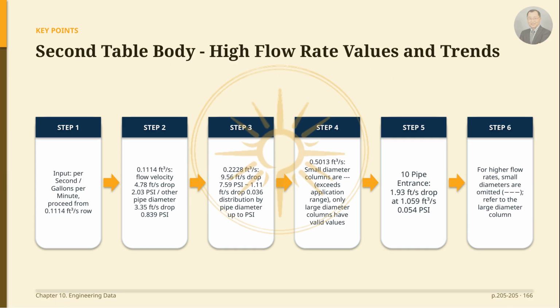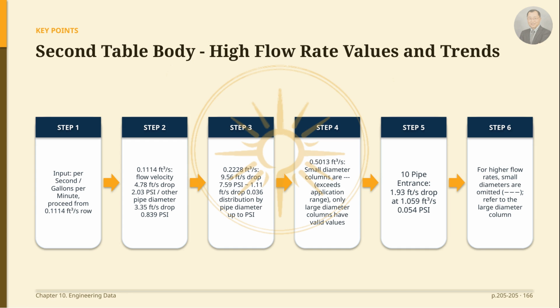In the 0.2228 cubic feet per second row, the smaller diameter has a velocity of 9.56 feet per second and a drop of 7.59 psi, whereas the larger diameter drops to 1.11 feet per second and 0.036 psi, showing a wide distribution.